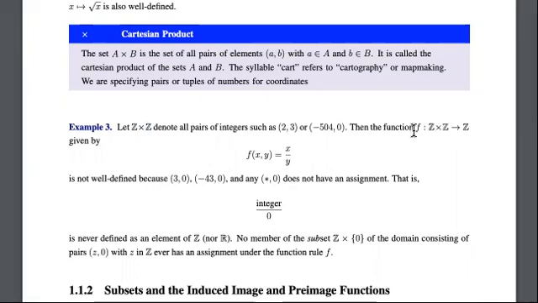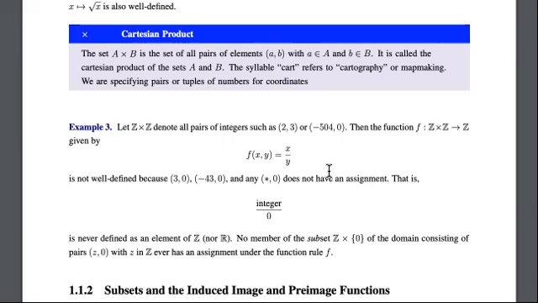So we can define functions like this. Let's suppose we have a function where the domain is Z cross Z and the codomain is Z, and let's suppose that we define it this way. Well, this is not well defined, because x over y does not always give an integer.